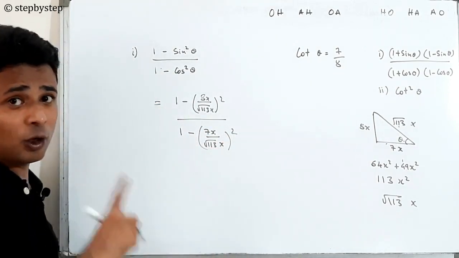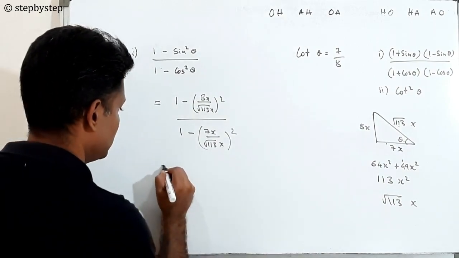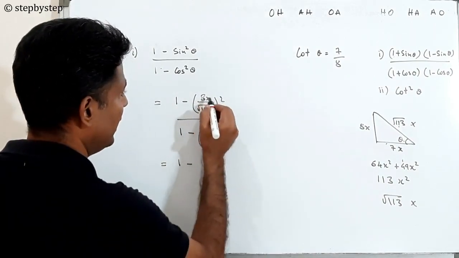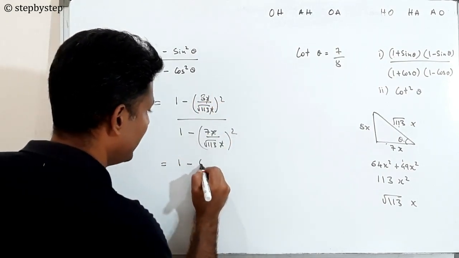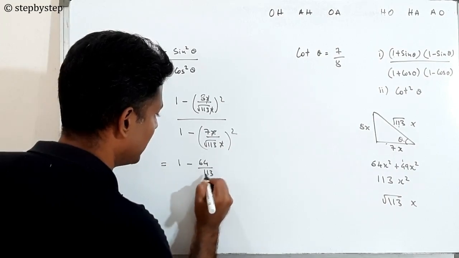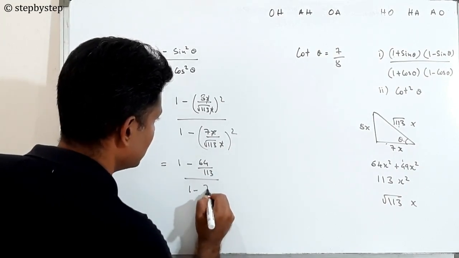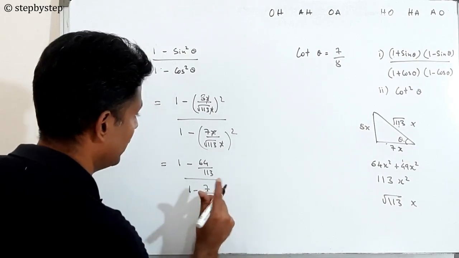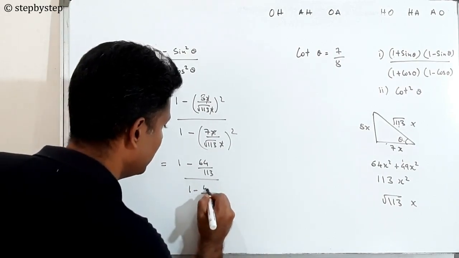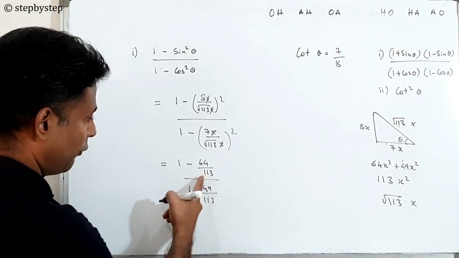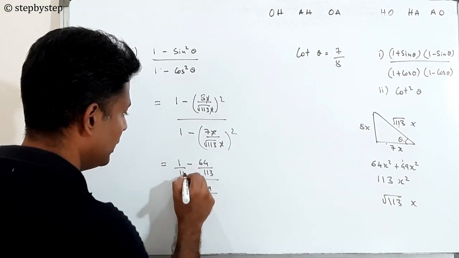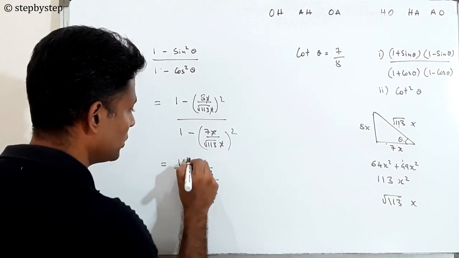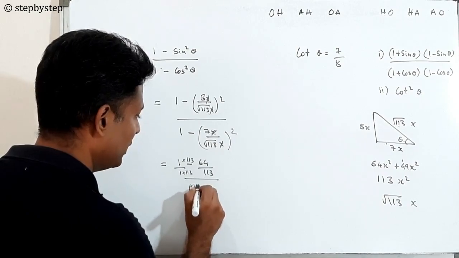Because cos square means cos whole square. So now we get 1 minus 64 by 113 by 1 minus 49 by 113. Now if I take LCM, 1 into 113, which means up also you have to multiply by 113.